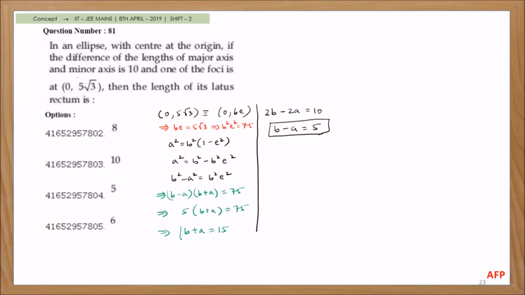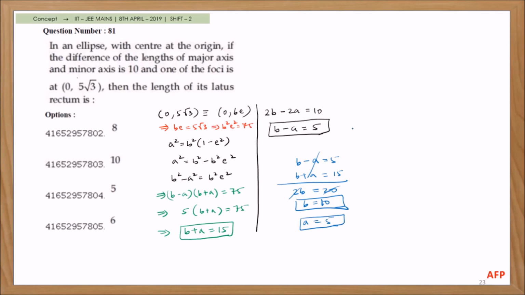Two equations we got, and if we solve these two equations we get the solution. b minus a is equal to 5 and b plus a is equal to 15. Go for cancellation: 2 times b is equal to 20, so b is equal to 10. If you substitute this value of 10 here, we get a as 5.